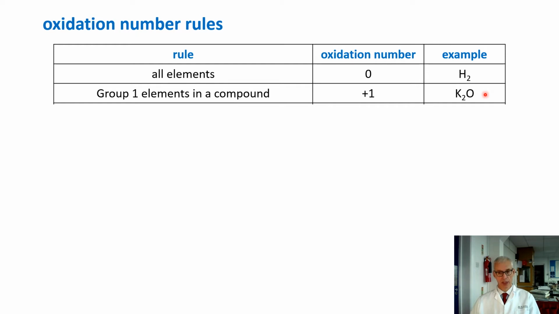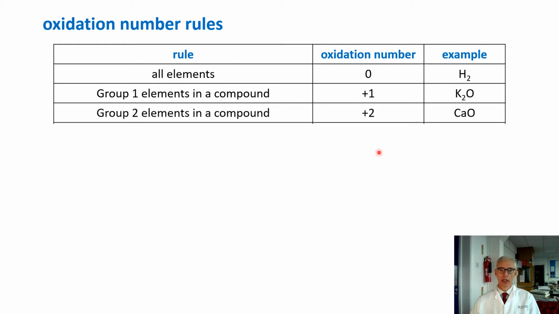It is an unbreakable rule. Group 2 elements in their compounds are always +2 in oxidation state or number. So for example, calcium oxide, CaO, we know that the oxidation number of calcium is +2 because it's a group 2 element in a compound.